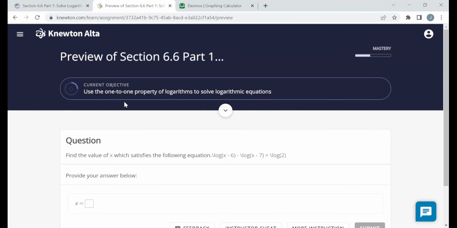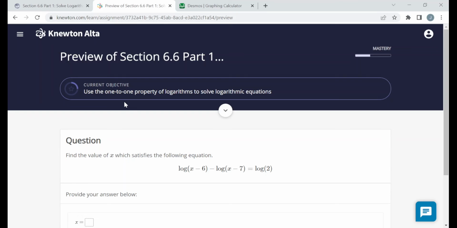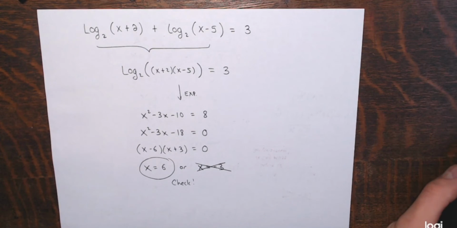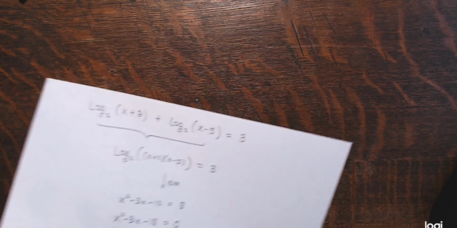All right, so back to the one-to-one property, where again I'm doing more properties of logarithms to get a single log on one side equals a single log on the other side, and then I equate their inputs and solve that equation. So once again I'll write out the equation we're given.